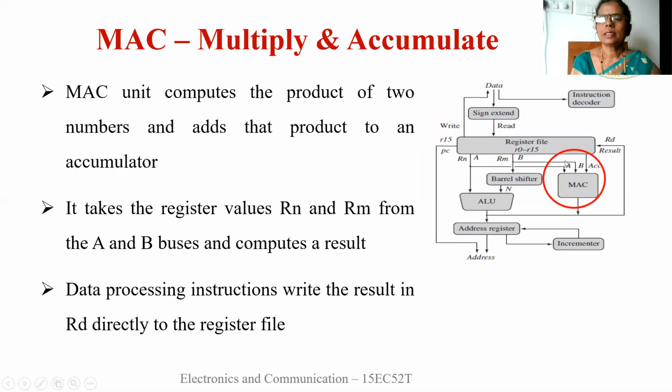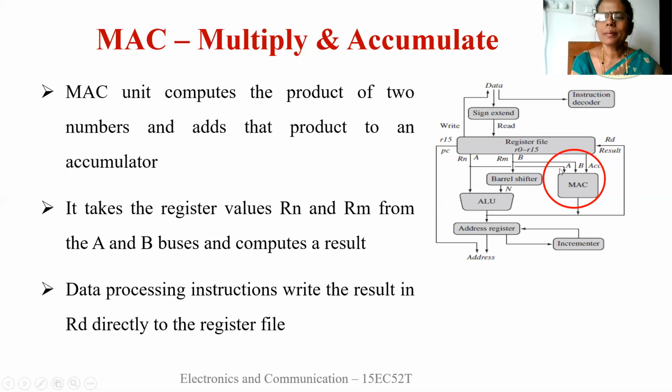See, the next diagram marked is MAC. MAC stands for multiply and accumulate. This MAC unit computes the product of two numbers and adds that product to the accumulator. As the name says, multiply and accumulate, it multiplies the two operands.